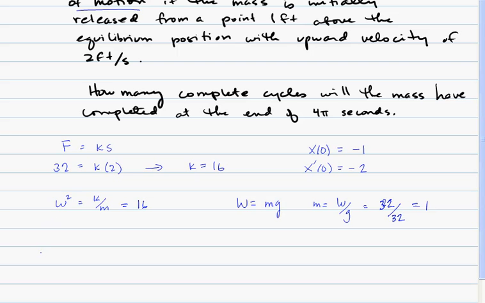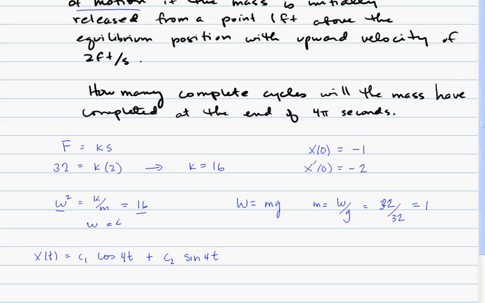So then that tells me that x of t is equal to c1 cosine of omega t, so that's 4t, plus c2 sine of omega t, so that's 4t. That's because omega squared is 16. I keep saying w, but I mean omega.